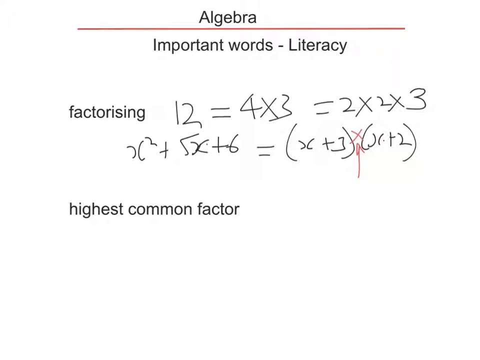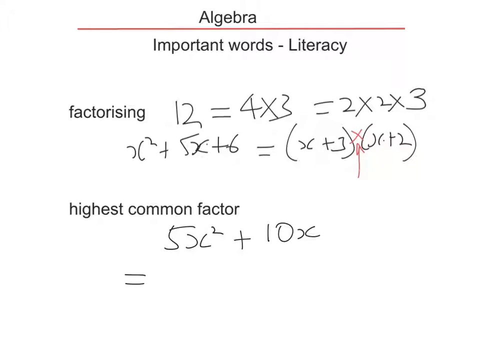We often do also what's called the highest common factor. That's just the biggest factor that divides into two things. So here's an expression, and if I was looking to see what the highest common factor is, I need to find out the numbers and the x's, the most that I can actually take out as the highest common factor.